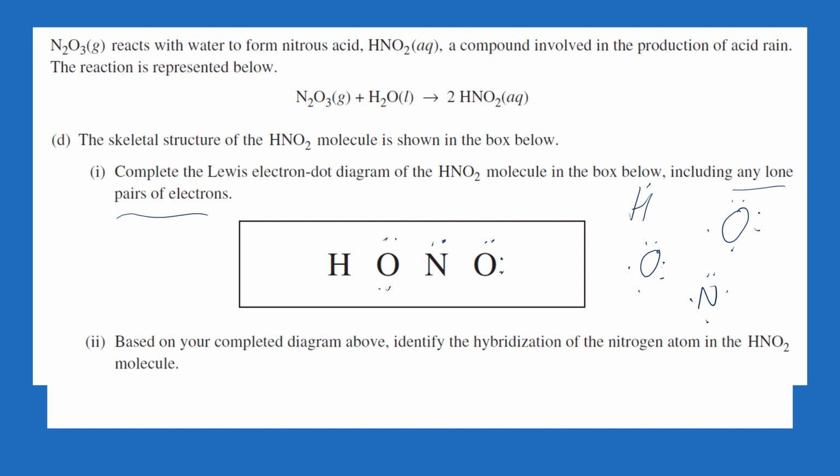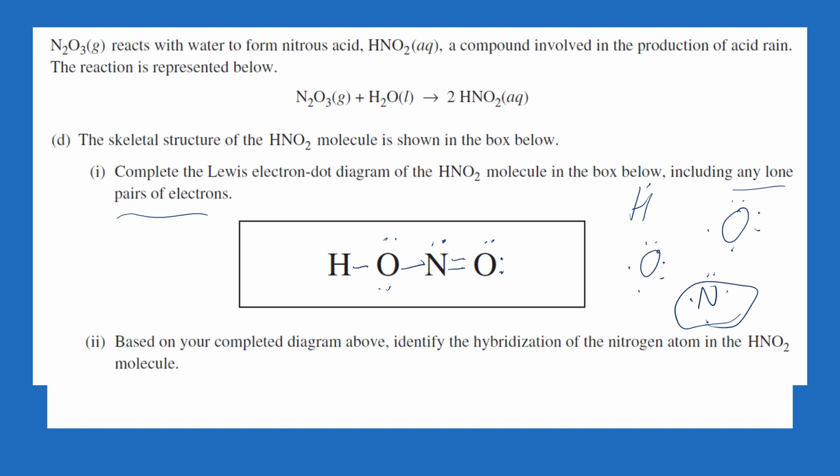Oxygen tends to form 2 bonds, so we know that it's going to form 2 bonds like that, and then 2 bonds here, which makes sense for nitrogen as well, because nitrogen likes to form 3 bonds. And that way all of the octets are satisfied. Especially considering all of these are in the first or second periods on the periodic table, they do not want to expand their octet at all. So we need to be very careful with that.